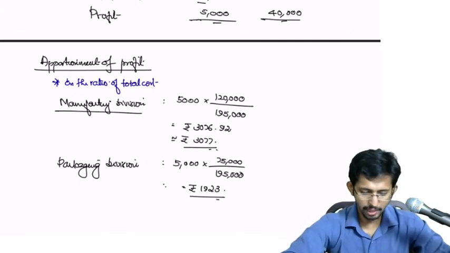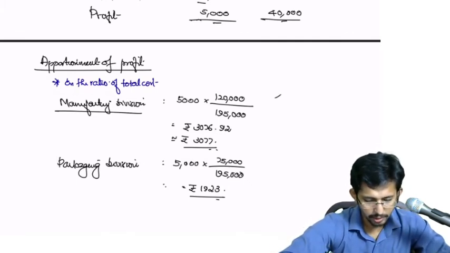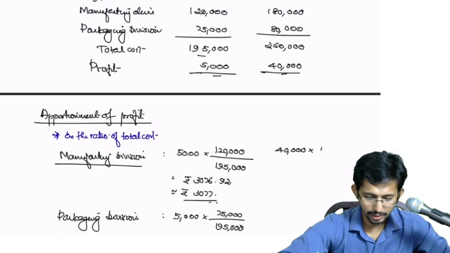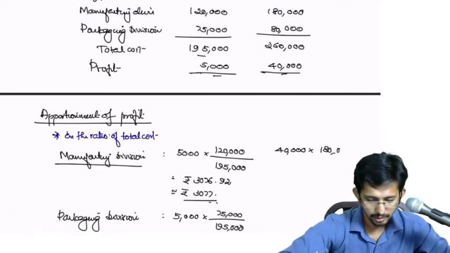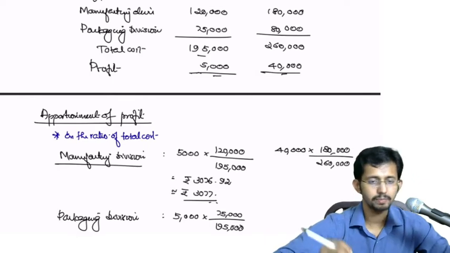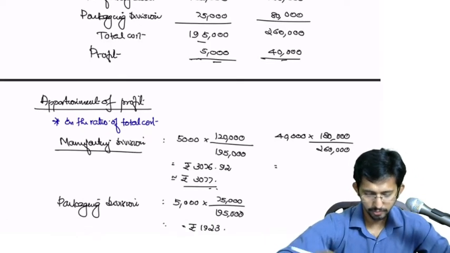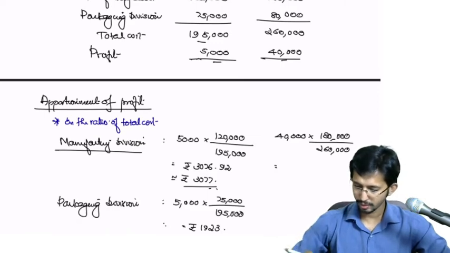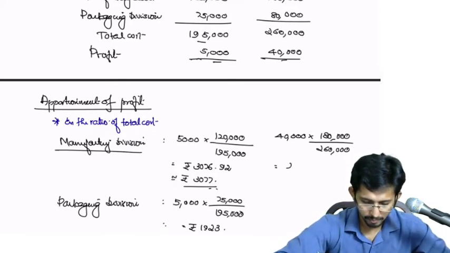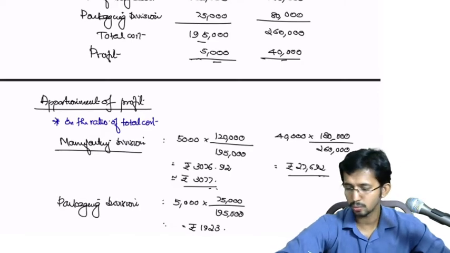Now similarly in this case, it will be 40,000 into the total cost incurred by the manufacturing division, 1,80,000, divided by 2,60,000, the total cost. So that will give 40,000 into 180 divided by 260, which is 27,692.